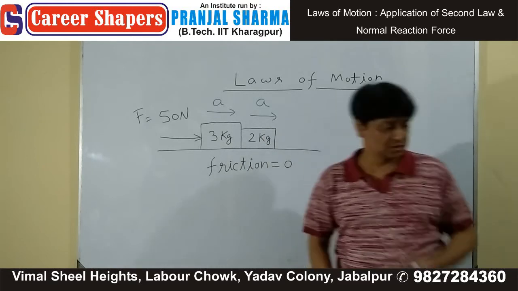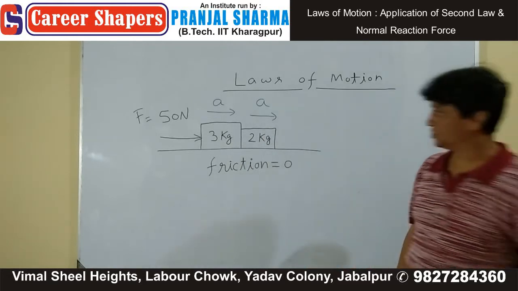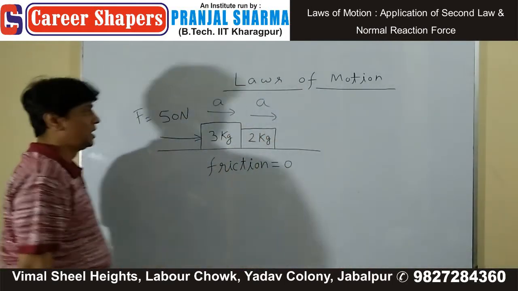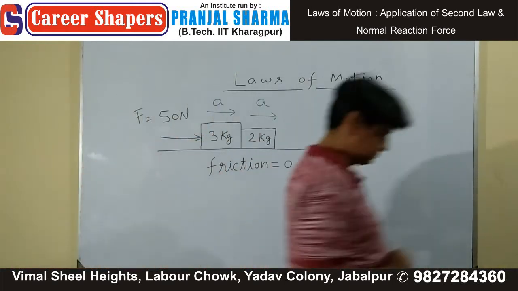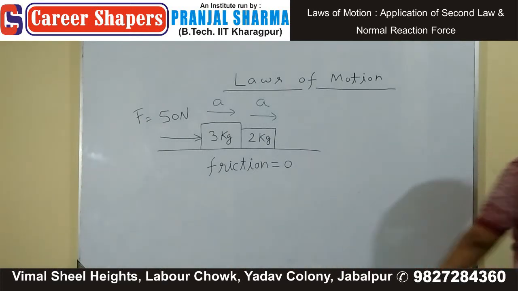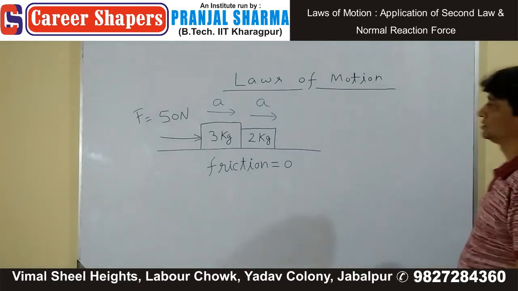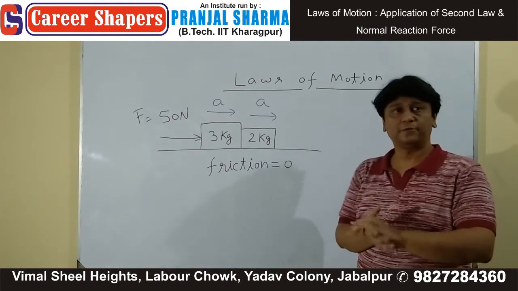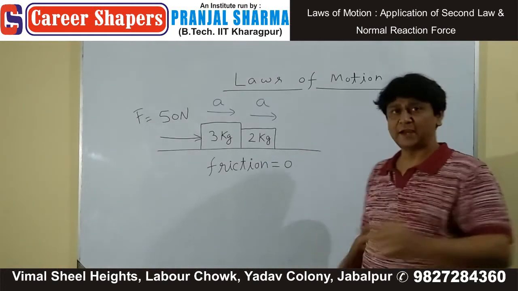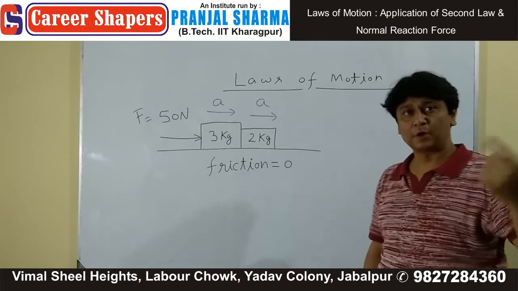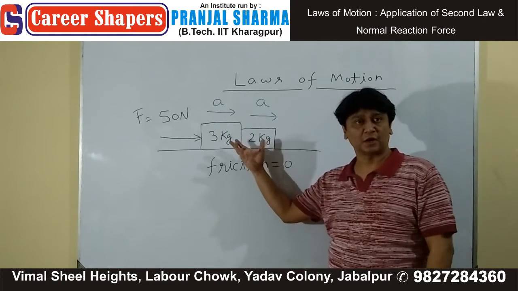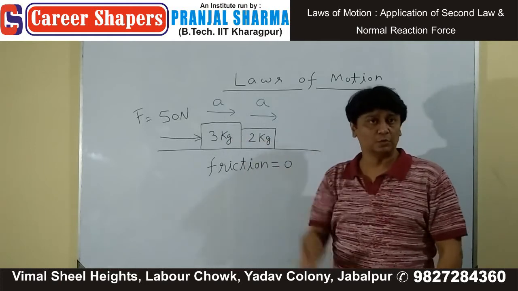Now question starts. Write down the question. Find out number 1. Accelerations of both blocks. I'm saying accelerations because if they were moving with different acceleration, then you would answer 2 sets.